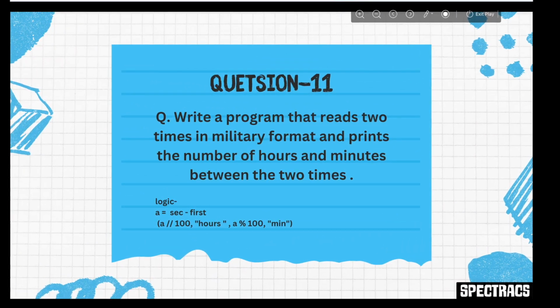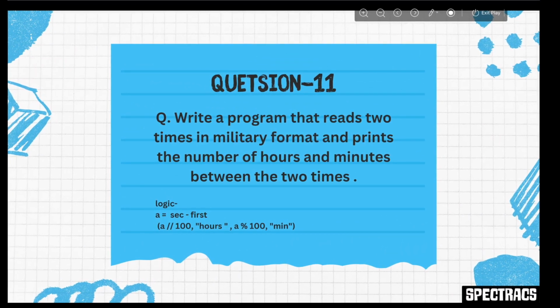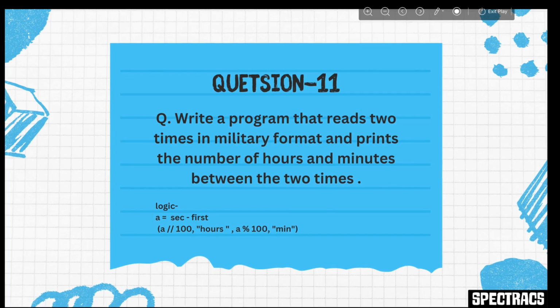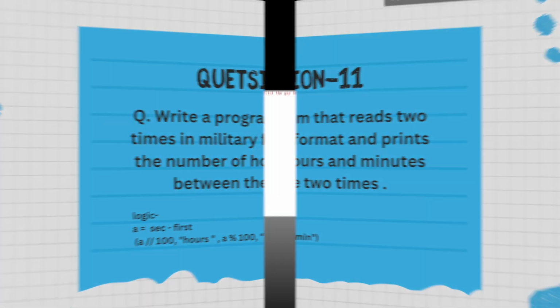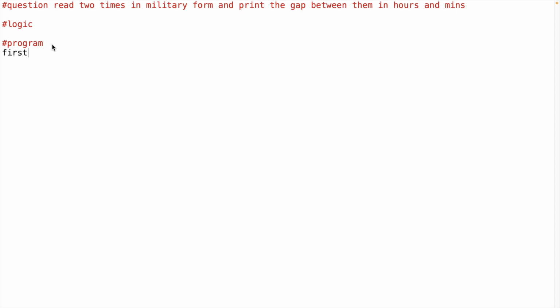Write a program that reads 2 times in military format and prints the number of hours and minutes between those 2 times. So first equal to int input enter first time, then second equal to int input enter second time. We are going to find the difference first. a is equal to second minus first, then print.